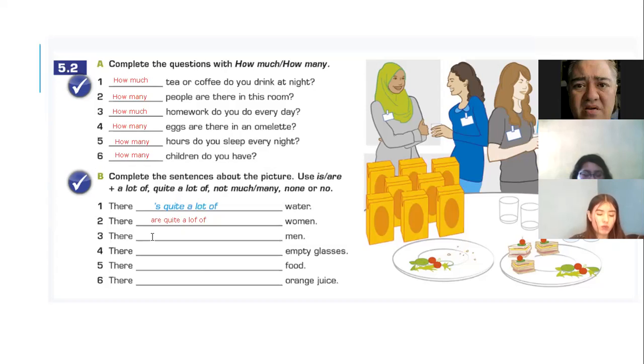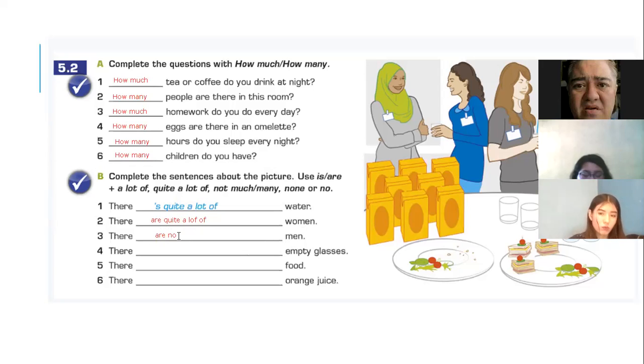There is or there are? Are. So there are no men. Tendría que ser no men because it says in here men. O tendría que quitarle el men. There are none. Sin embargo, recuerden que cuando tengo el sustantivo, nada más le agrego el no. There are no men. ¿Ok?